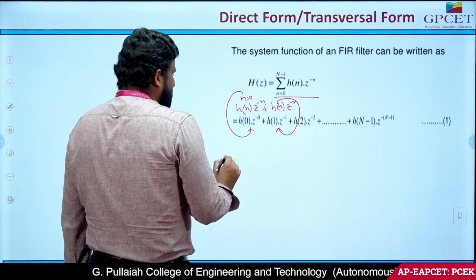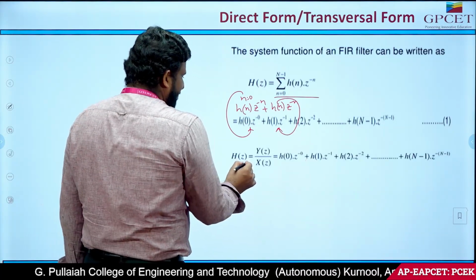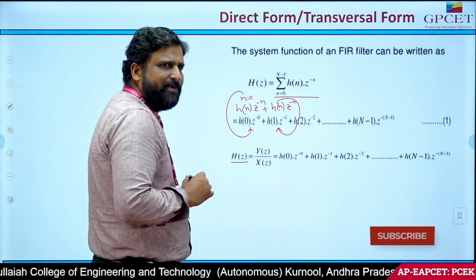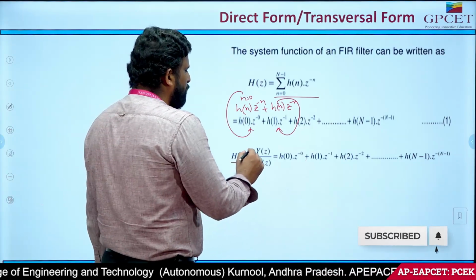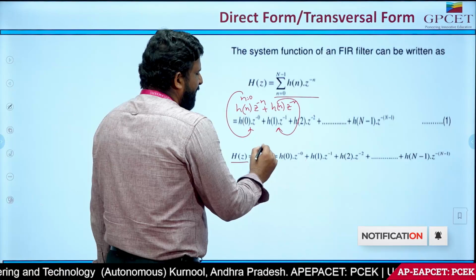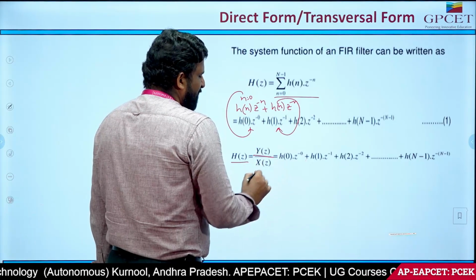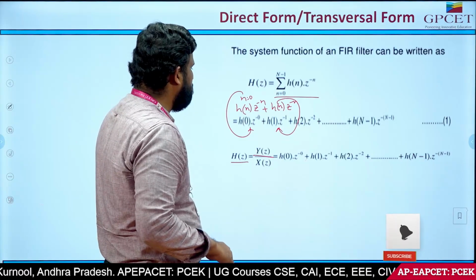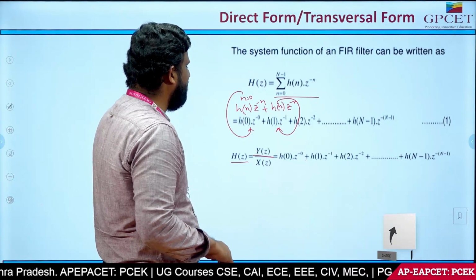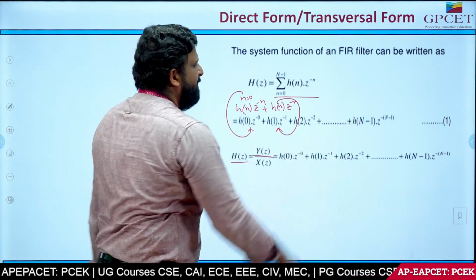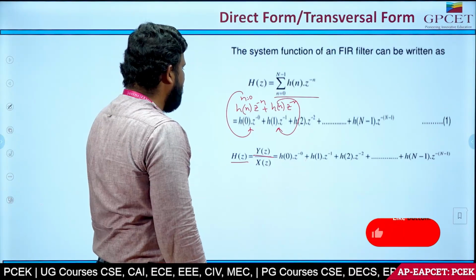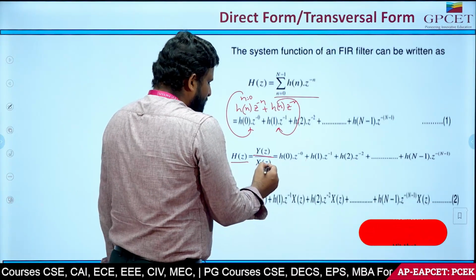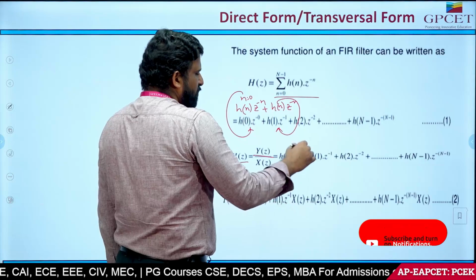Now what is the impulse response here? We know that H of z is nothing but the impulse response. So I can write this H of z as output by input. Y of z is the output and X of z is the input. So H of z is equal to the ratio of the output by input, that is Y of z by X of z, and the summation expansion equation. Now I am cross multiplying this, taking this X of z to the right hand side.